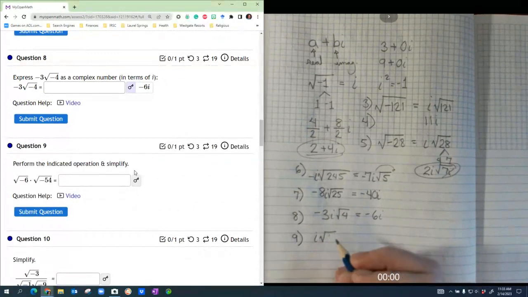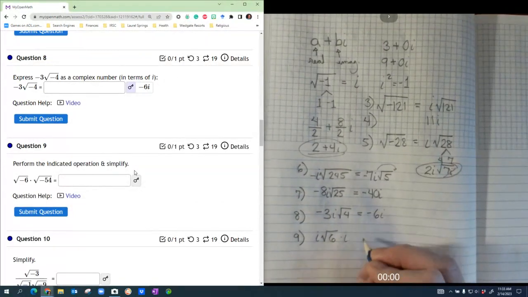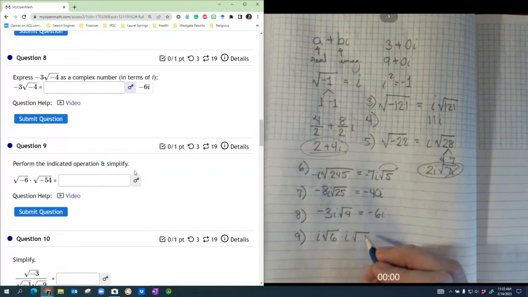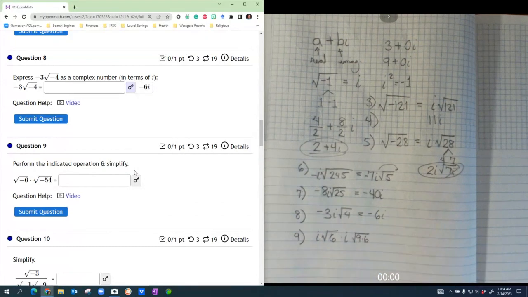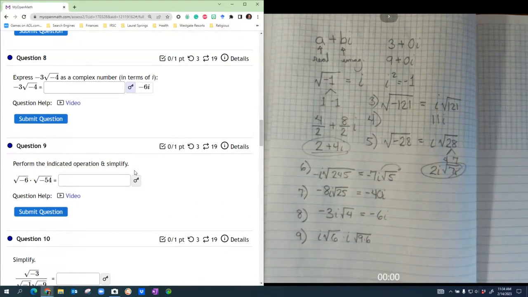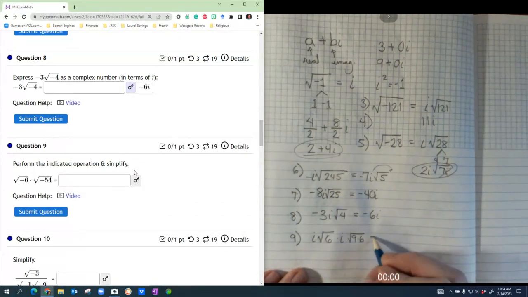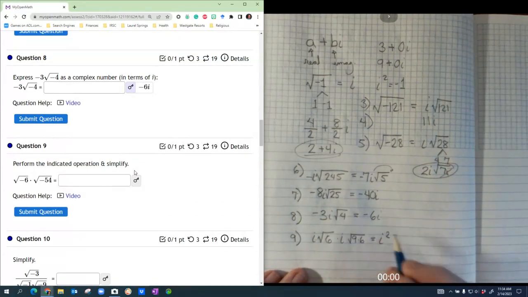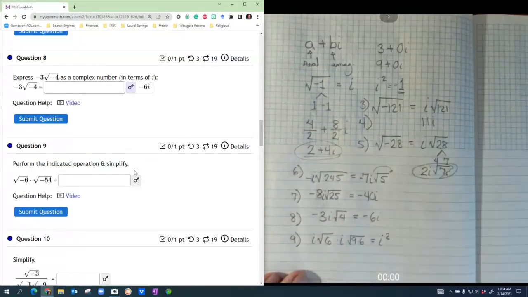But then when we look at this, we know that 54 is 9 times 6. And remember before what I told you, when we multiply these together, then I times I is I squared, right? Well, what does I squared equal? I squared equals negative 1, right?